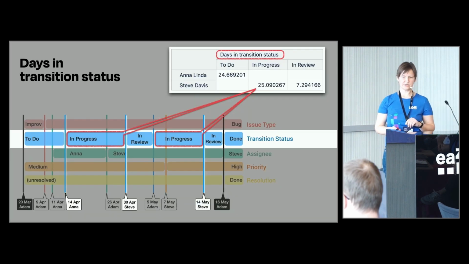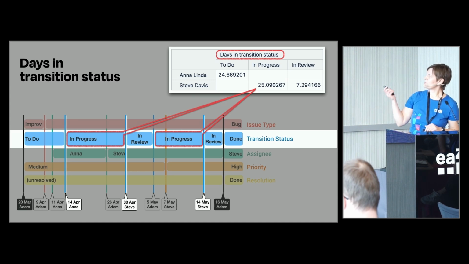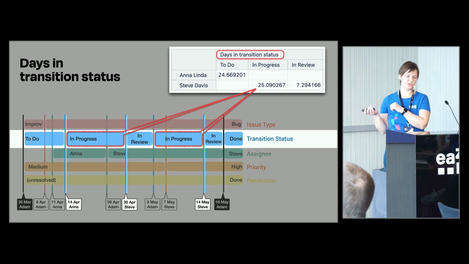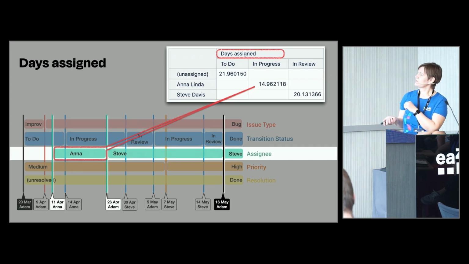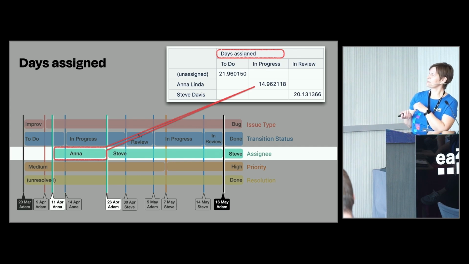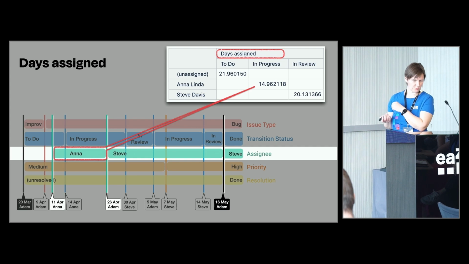This is how it looks in this chart. We have two periods of time when the issue was in progress, at the end of which, both times, Steve was assignee. So all the days are shown for Steve. With days assigned, we first look at the assignee. And for Anna, when Steve was assigned and Anna's days are calculated, the issue was in status in progress. So now all the progress days are shown for Anna.